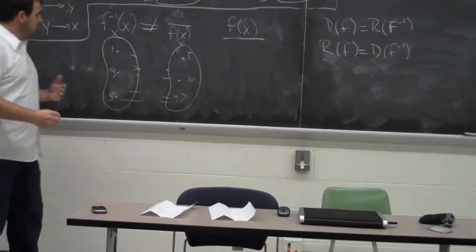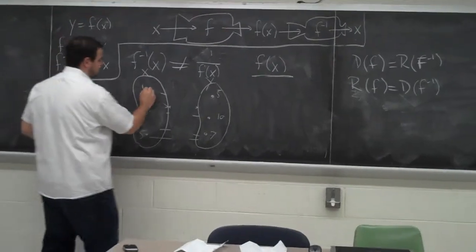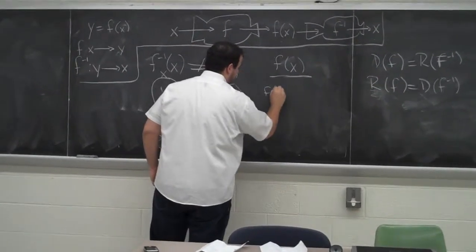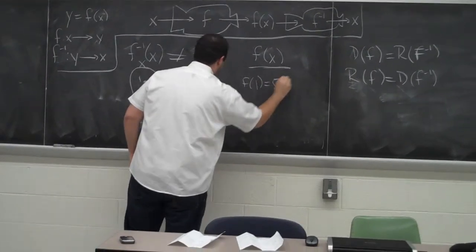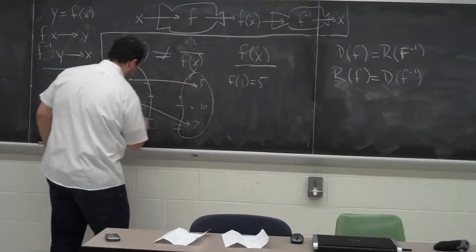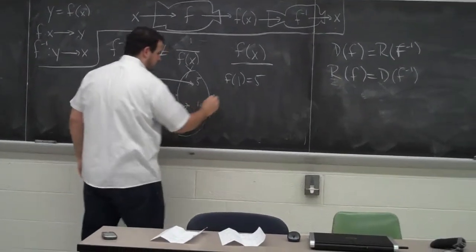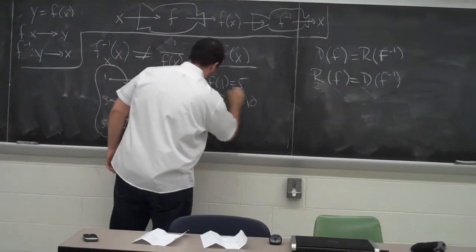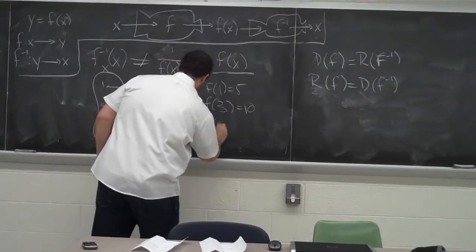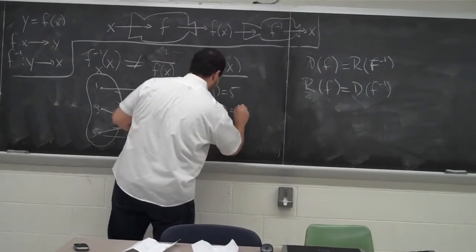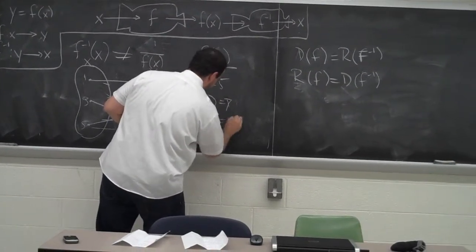Let's say that f of x takes 1 over to 5, so f of 1 equals 5. And let's say that 3 takes us to 7, and that 5 takes us to 10. So f of 3 is equal to 7, and f of 5 is equal to 10.